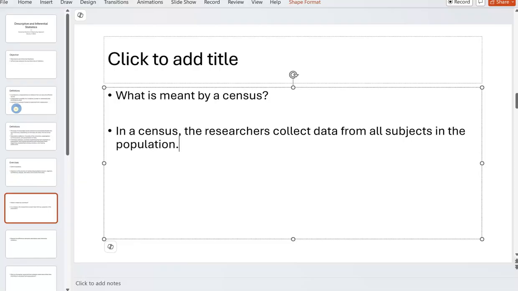Now, the problem that comes in with a census, and in general whenever you give a survey, is that most people who are indifferent about something may not actually do the survey. A lot of times it's either someone who feels very passionately or maybe disapproves of something very passionately.